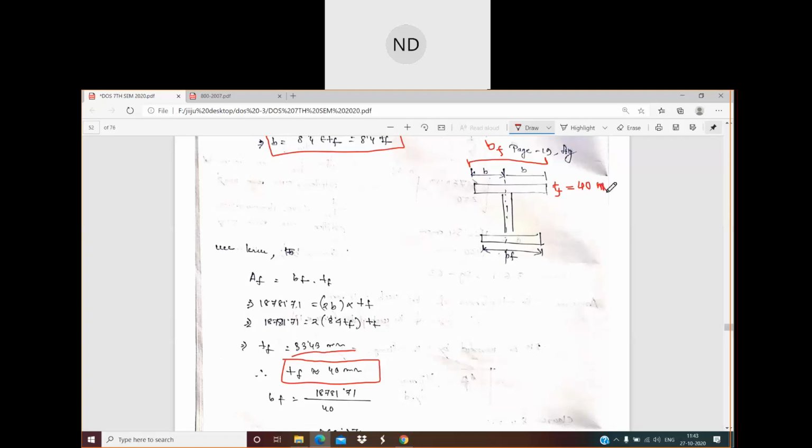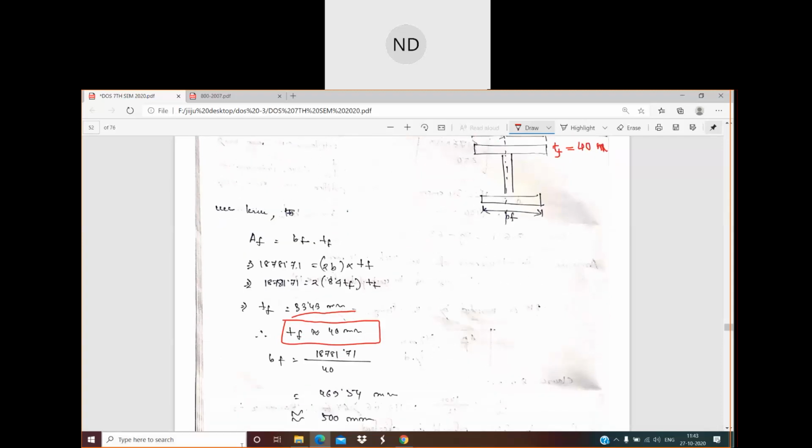Now we have to calculate the width of the flange. To find it, the width of the flange is AF by TF.